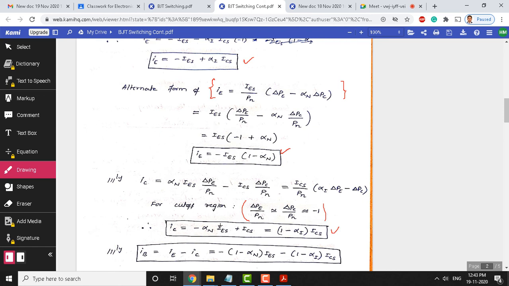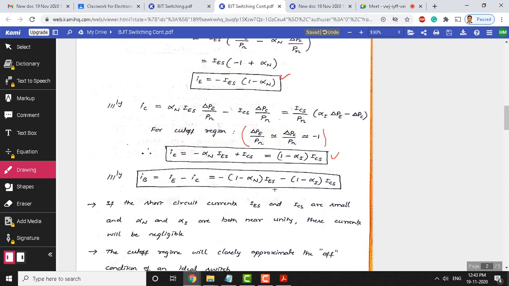Okay. So lastly, we have a base current equation which you can obtain for the cutoff region. So this is IE minus IC. We already know the IE equation here, this equation and this equation. You can just substitute here and subtract IC from the emitter current. You get the final equation for the base current here.